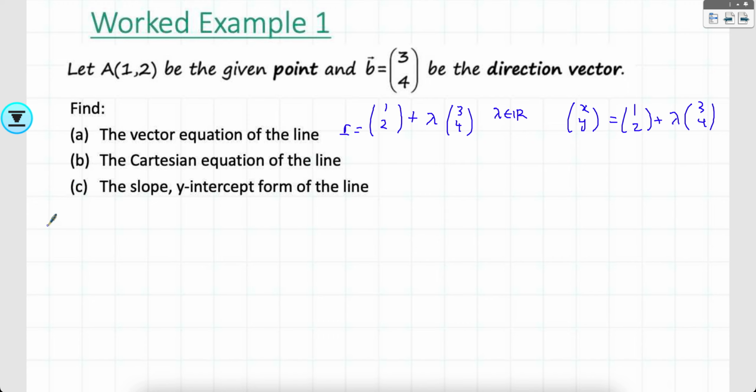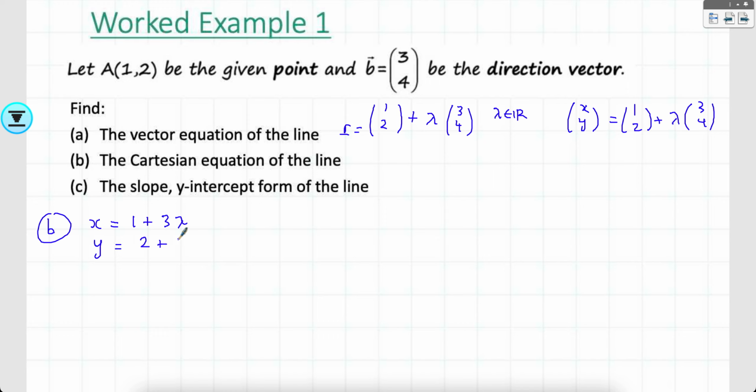Now, once you have the vector equation of the line, you can then convert it to Cartesian form. You can convert it to parametric and then Cartesian, or use the trick that I showed by taking this as the denominator and the opposite sign here. But let me just take the long route for now. Writing it in parametric form, this will be x equals 1 plus 3 lambda. Don't forget the scalar.